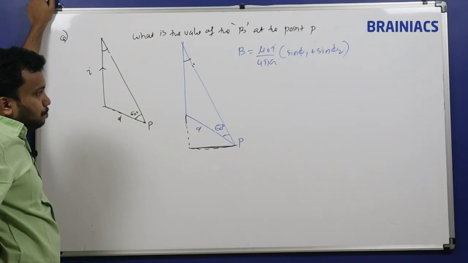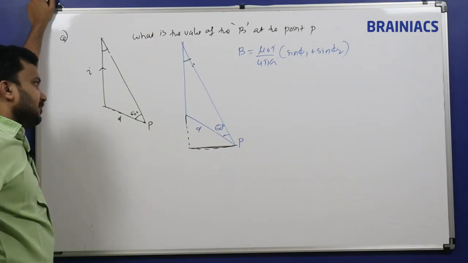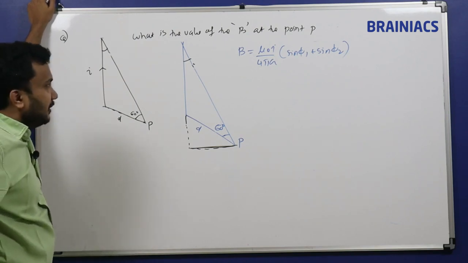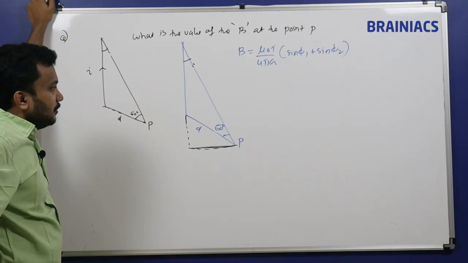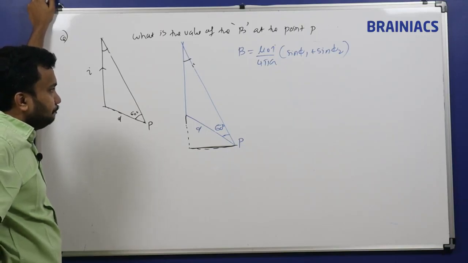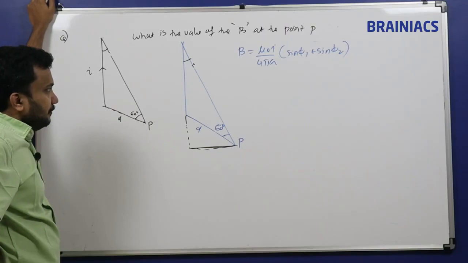So this angle is 60, so you can take sine 60, but if you take cos, 70 will come. In that case it will be difficult for you to choose the values. Perfectly fine.